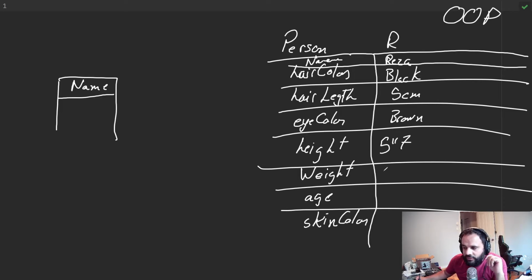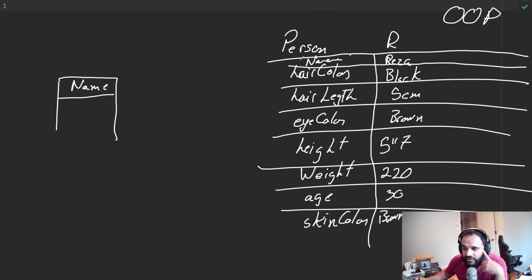What is his weight? Let's say, I think now 220. What is his age? Really old man. Wisdom wise or body age. Anyway, let's say 30 for now. Skin color, brownish. Right? So now we've got our first object.